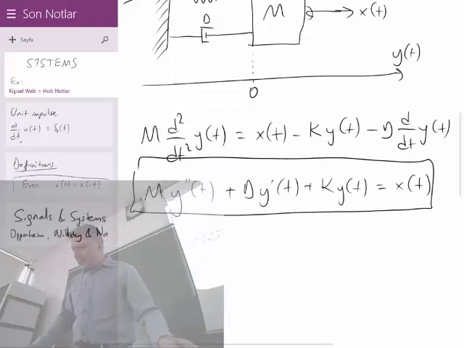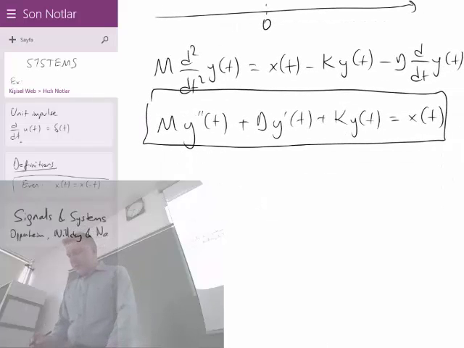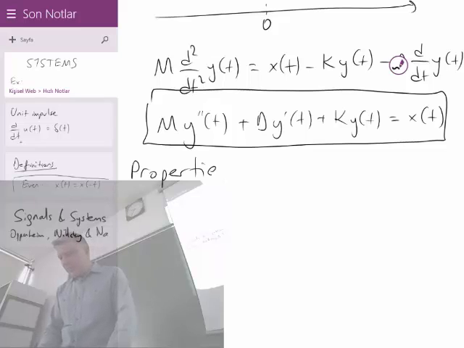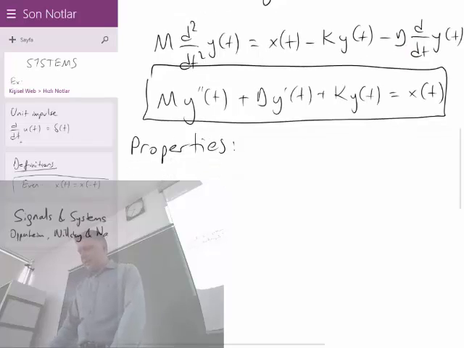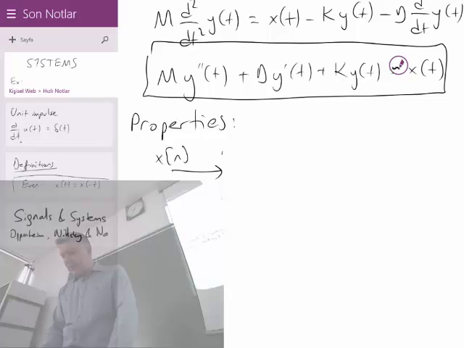Now these two are the examples. I will indicate some properties of systems like this. Usually, discrete time signals act upon discrete time signals. So we will draw things like this. We have x of n as the input, and we will put a system.